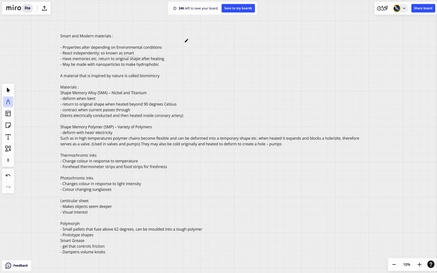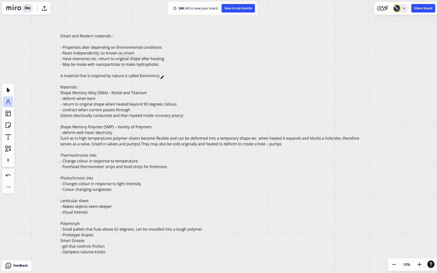One of the most glaring examples of smart and modern materials are shape memory alloys, also known as SMA, and it is made of nickel and titanium. If you remember the word alloy from science, it is basically one type of metal atom alongside one more type of atom, metal or non-metal, in a mixture.